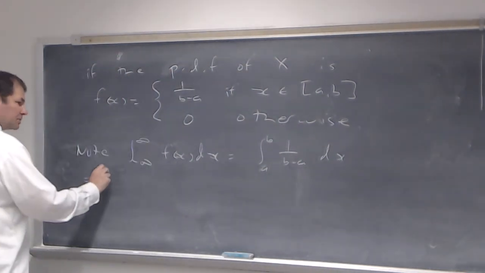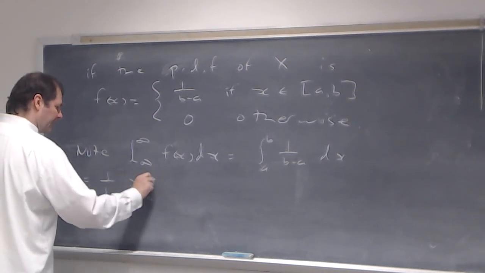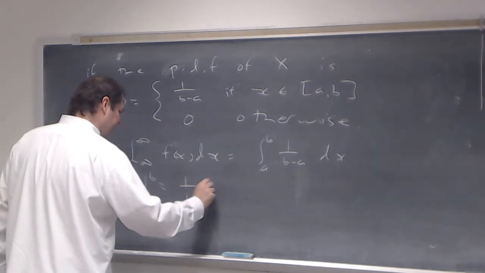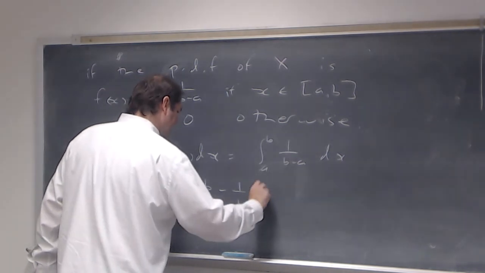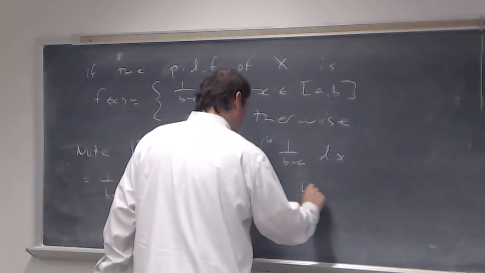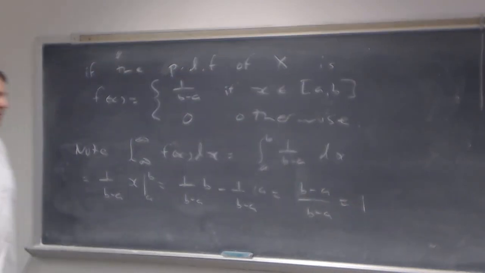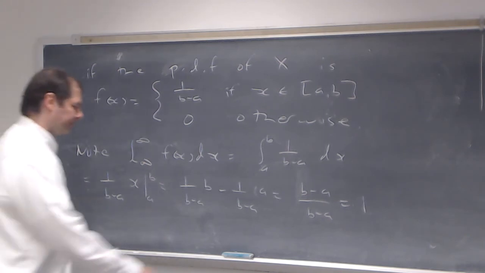And that's going to be equal to 1 over b minus a times x, evaluated from a to b, which is going to be 1 over b minus a times b minus 1 over b minus a times a, which equals b minus a over b minus a, which of course is 1. And that's one of the facts about a probability density function. When you integrate it, you better get 1 when you integrate it over a line.